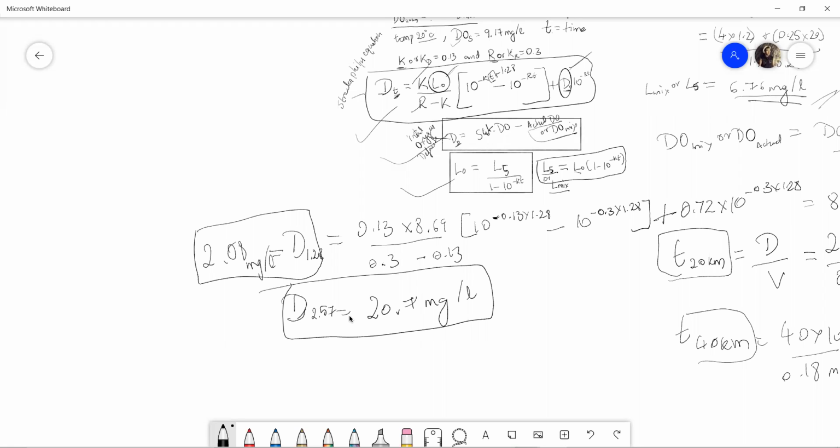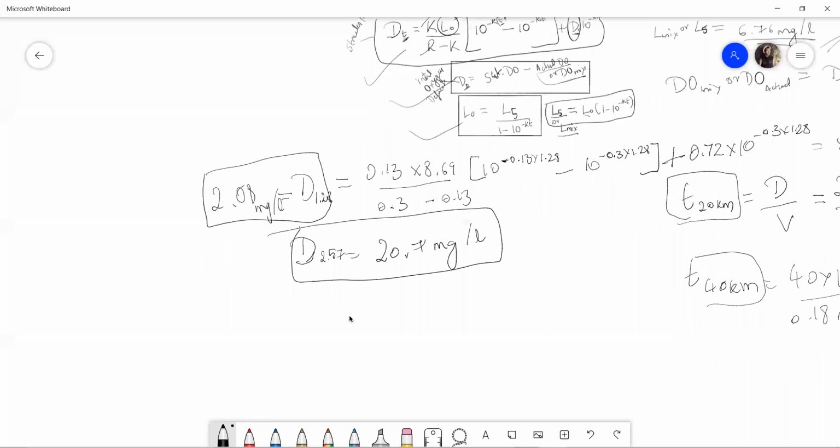So you got the oxygen deficit. The problem doesn't end here. You have to find out the dissolved oxygen at 20 kilometers and at 40 kilometer distance. So this is the river, and it's flowing. At 20 kilometers, what is the DO? That is dissolved oxygen, not oxygen deficit.